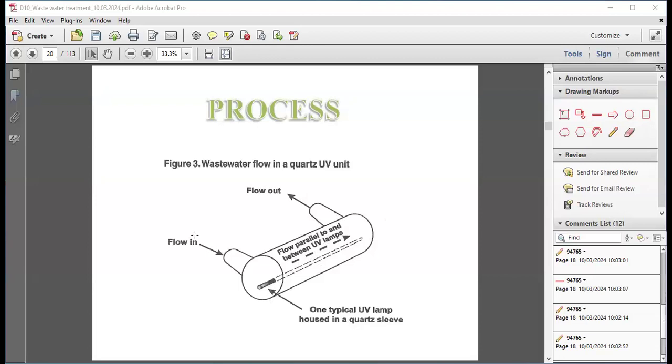Flow means the wastewater flows into this tube, which contains the UV lamp. That's the process.